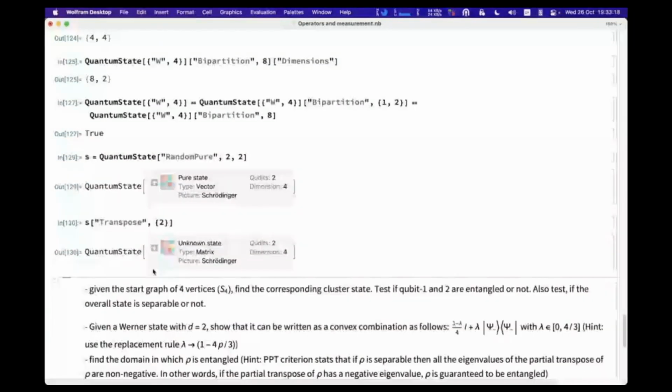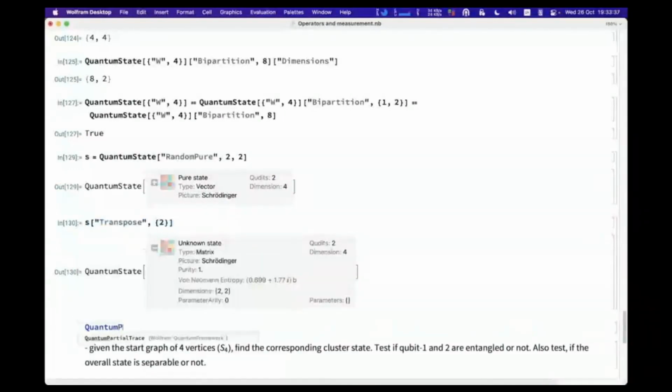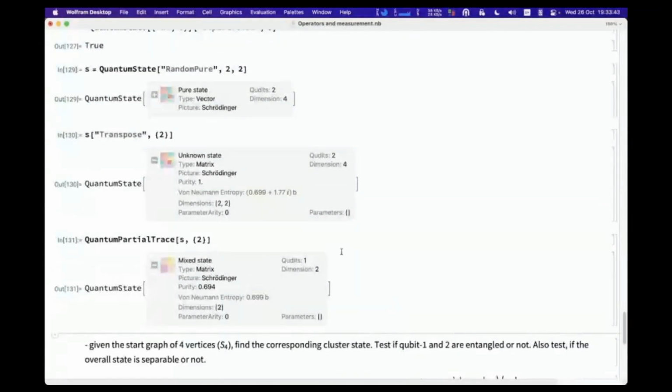It's a fancy process that we do, but at least look at the dimension. It's still a system of 2 subsystems, and the dimension is the same. But when you do the quantum partial trace, you are basically tracing out one of them and you are reducing the dimension. So that's the difference between the two.